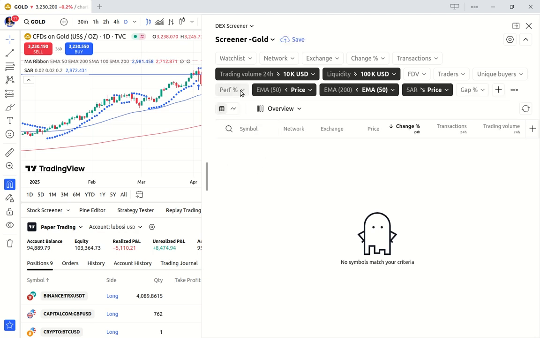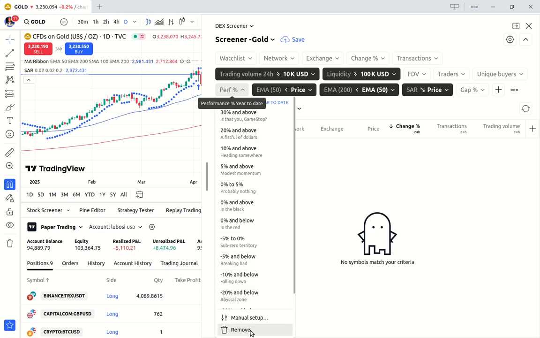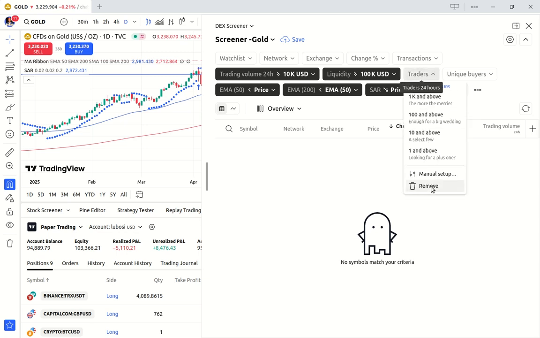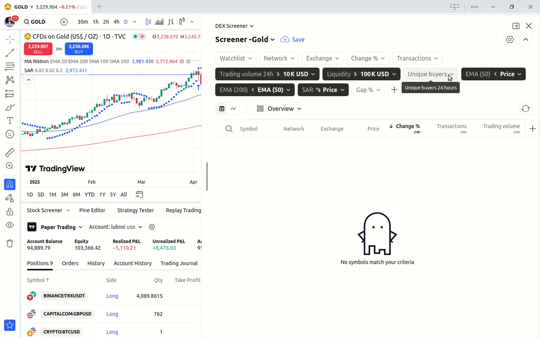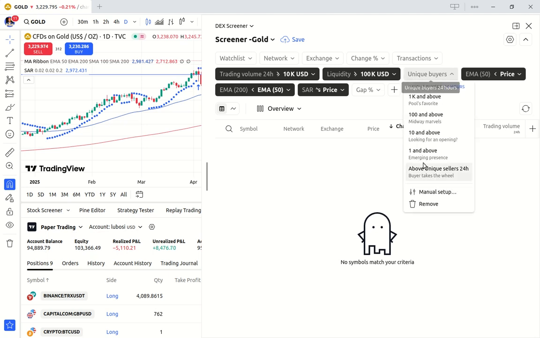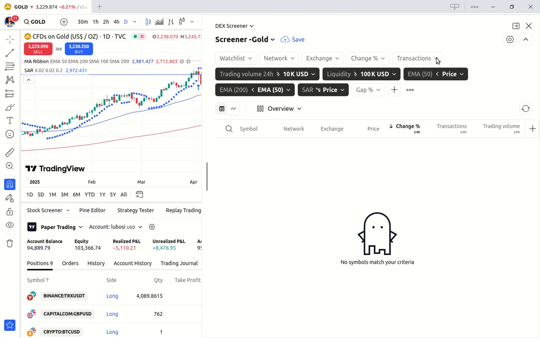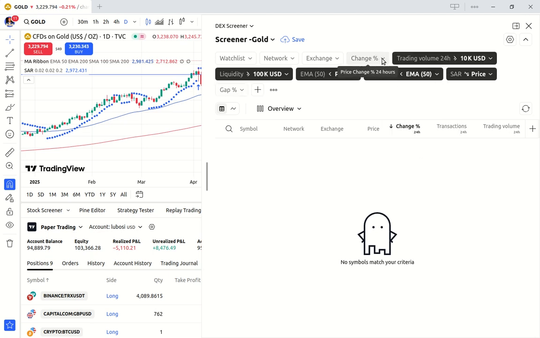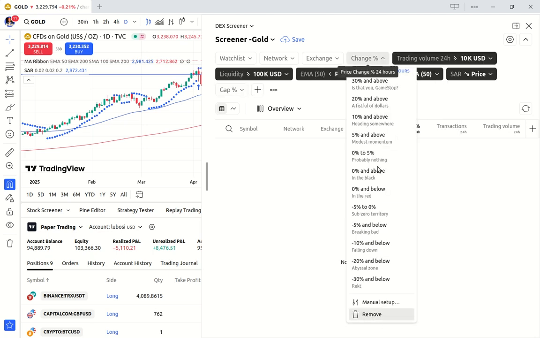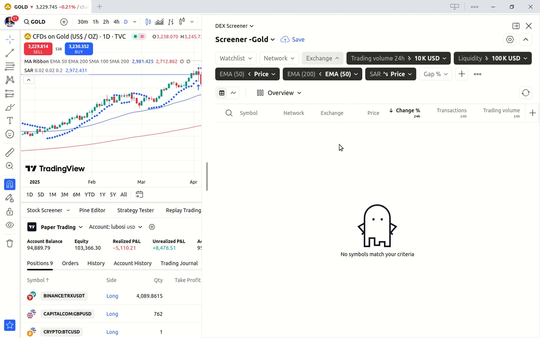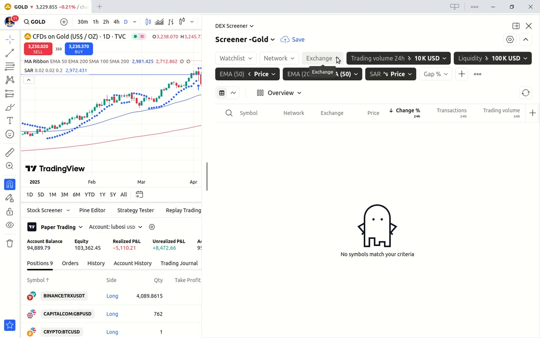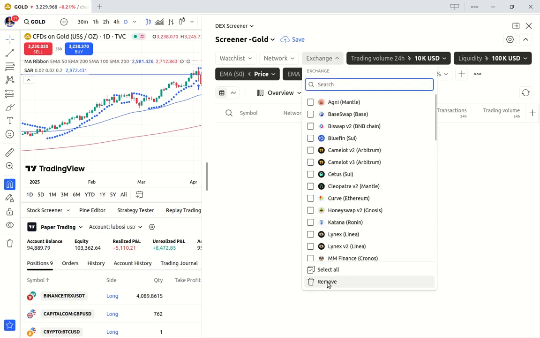Maybe you can just join me as I remove the unnecessary indicators, just to clean up my screener. So basically that's how it is.